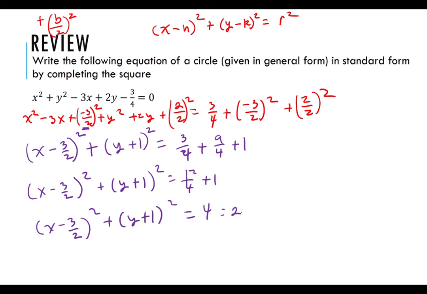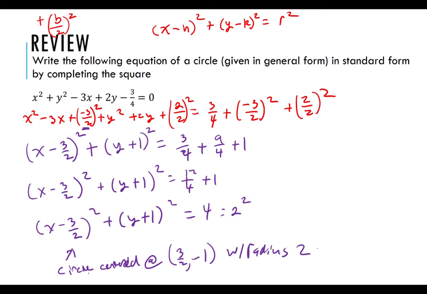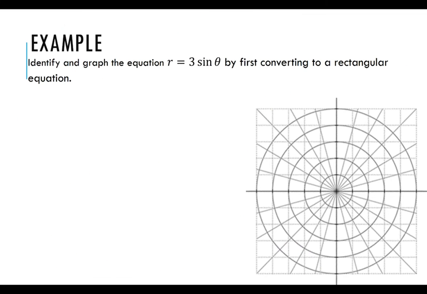Now, it might be useful to also rewrite that as 2 squared, because then we know that this equation that I have here is a circle centered at 3/2, negative 1, with radius 2. We did all that because maybe we're going to need it in a moment.